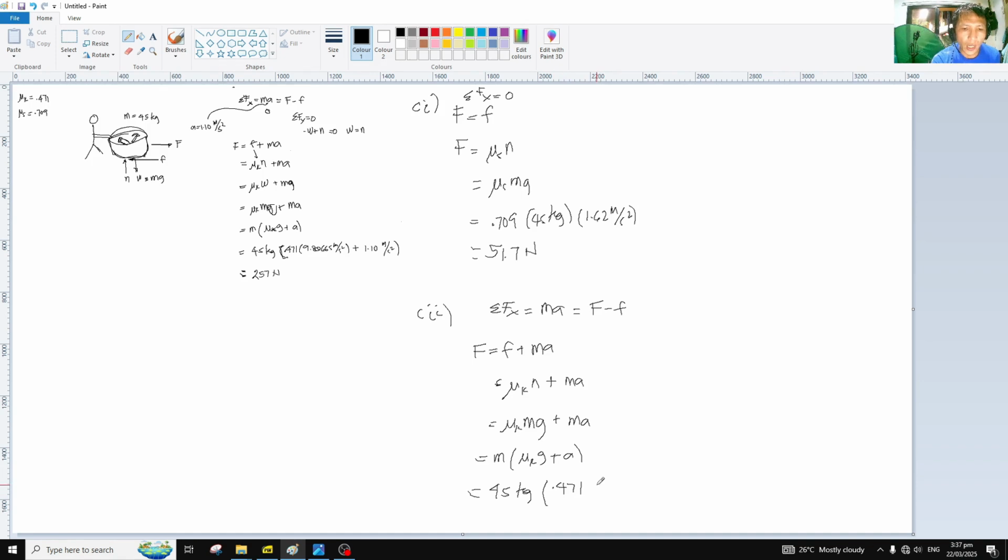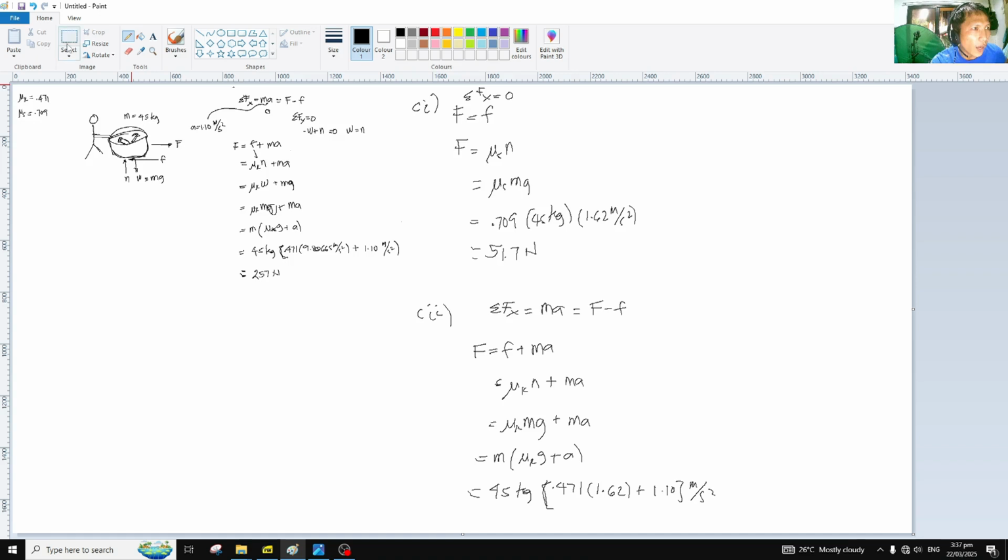The g is 1.62 meters per second squared, while the acceleration is 1.10. Sorry, you're going to calculate for the acceleration.